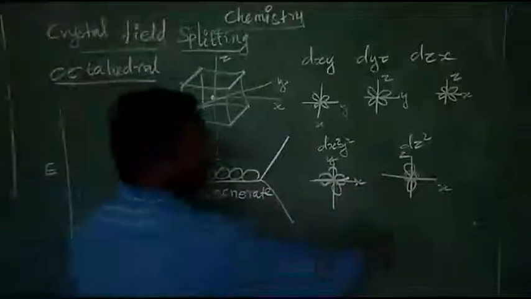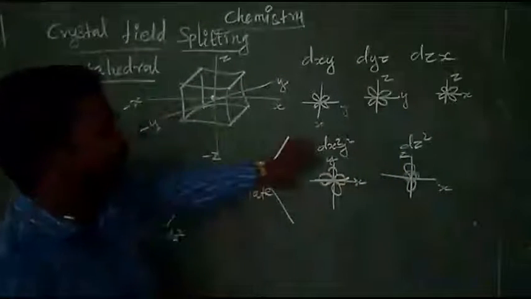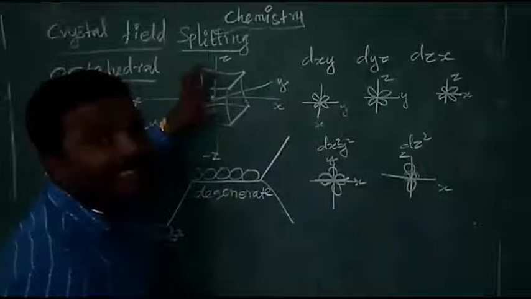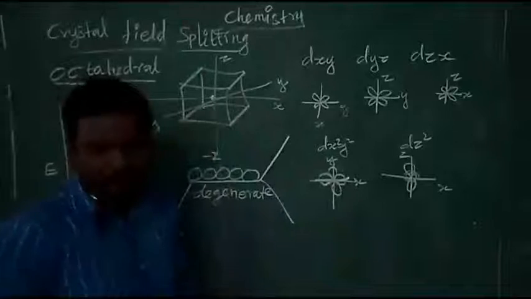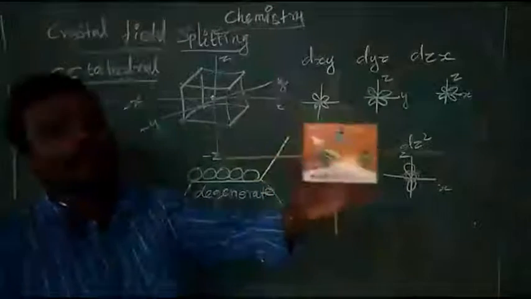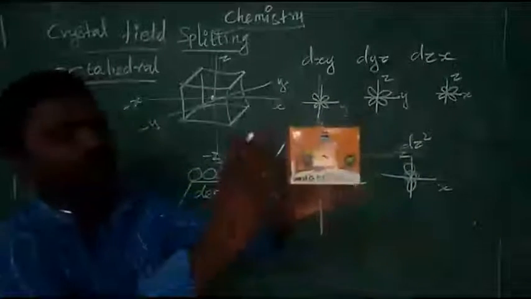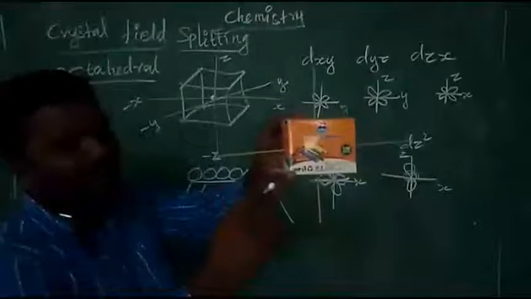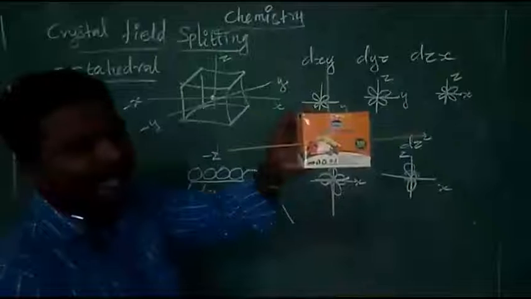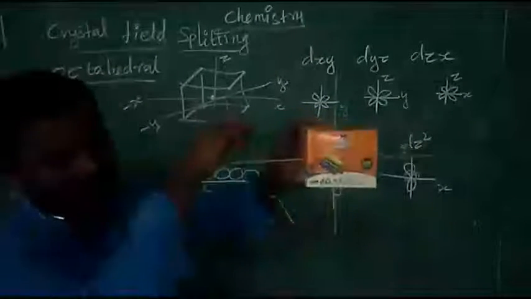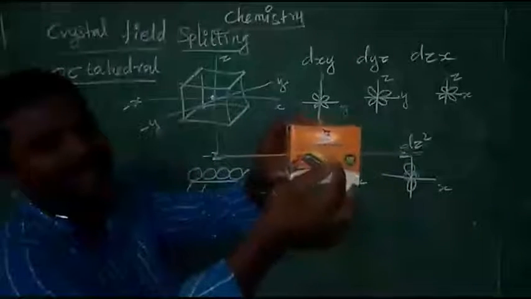Now all these five approach the octahedral field metal in their axial position. What do you mean by axial position? Look at this small model. Consider this box as a cube. In this cube I made three axes. One from front to back is the x-axis.